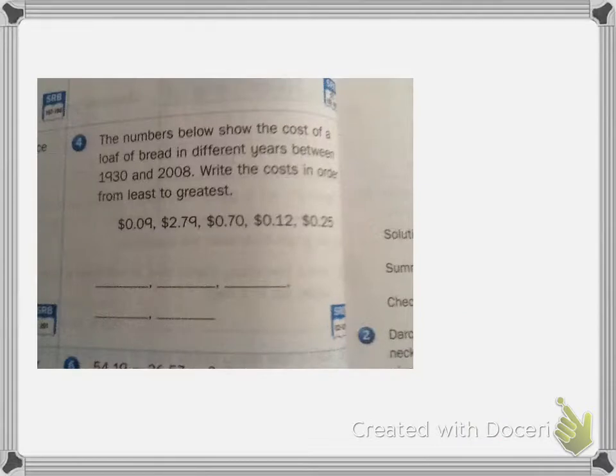Number 4 says the numbers below show the cost of a loaf of bread in different years between 1930 and 2008. Write the cost in order from the least to the greatest. So if we look here, we have 0, 2, 0, 0, 0. So we know this one is the biggest because it has a whole number. So we can cross that one out since we've already used it. Okay, so now let's look at our tenths.